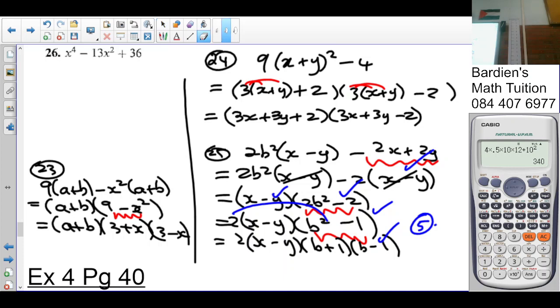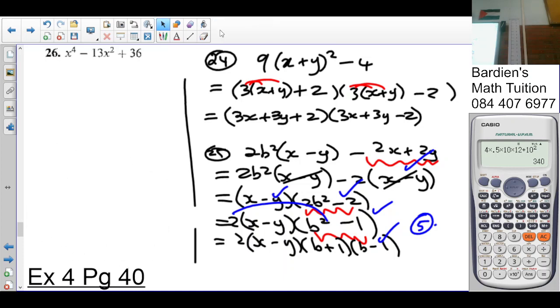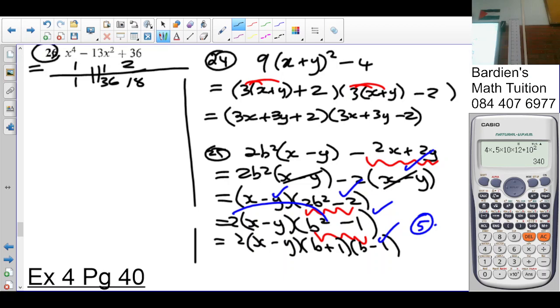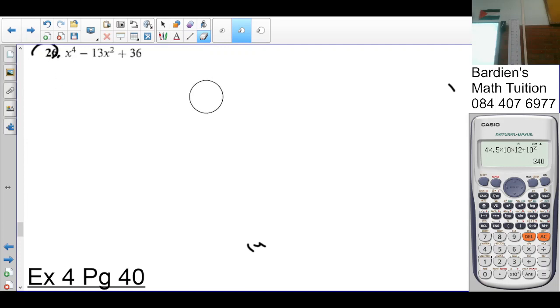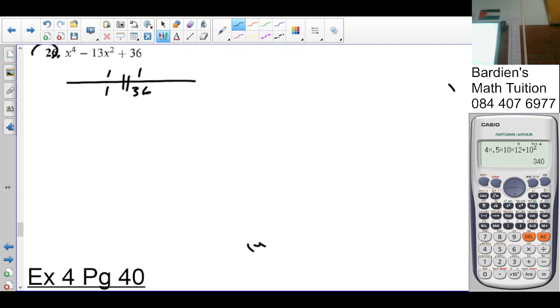Right, 26. Let's see what needs to be done here. Trinomial. So there's going to be 1 and 36, 2 and 18, 3 and 12, 4 and 9, 6 and 6.